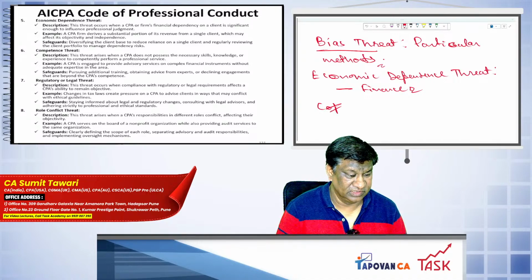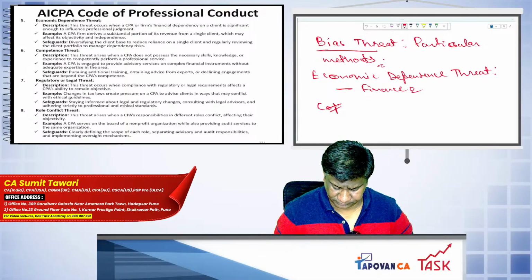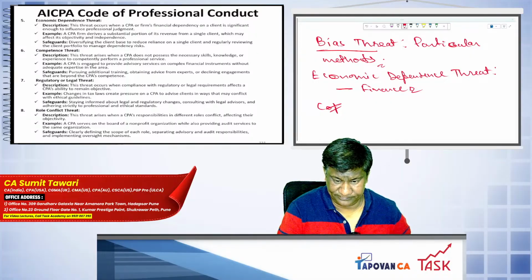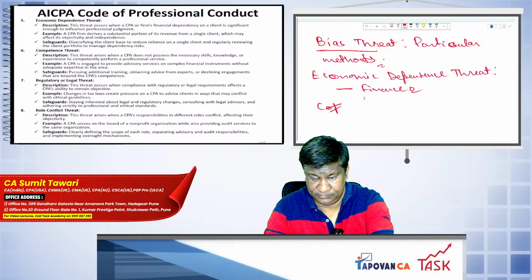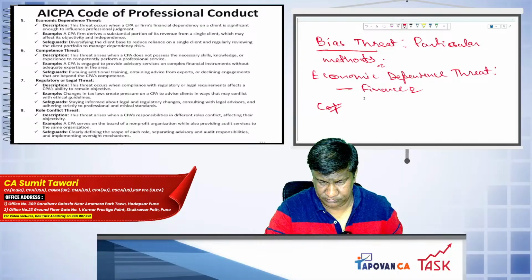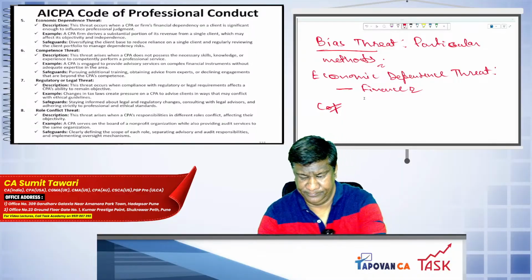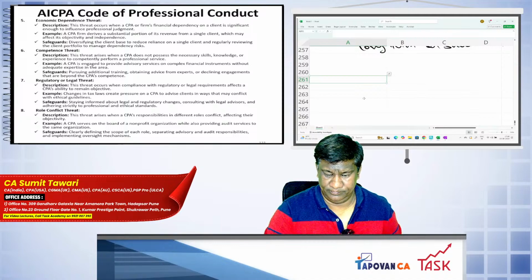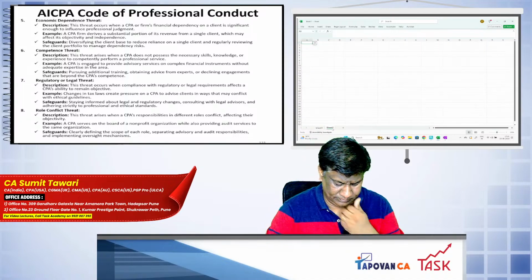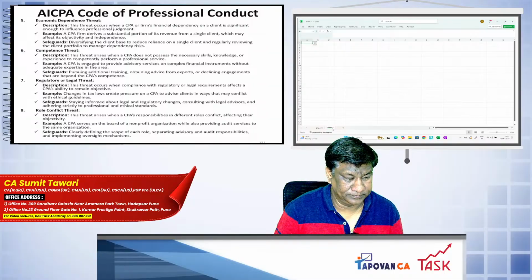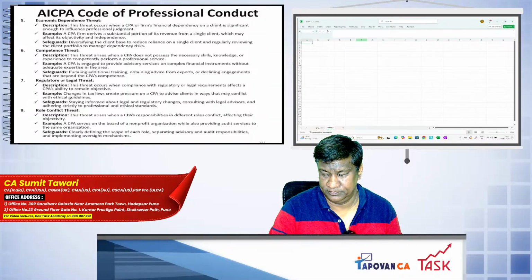Then competency threat, that also we discussed. Regulatory or legal threat for the CPA. If the client asks the CPA that we don't want to pay more tax, we just want to pay this much amount or something like that.